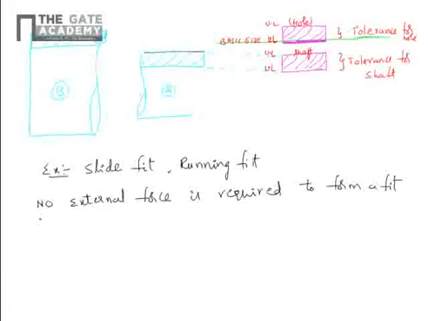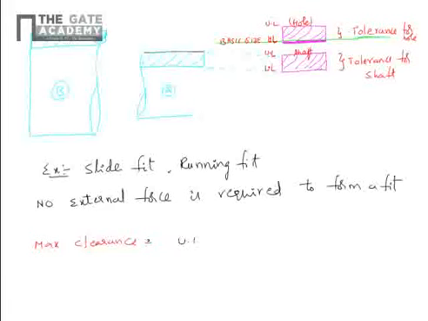Here in clearance fit, the allowance is called clearance. So maximum clearance equal to, you don't need to remember the formula. If you understand the concept, then you can do any problem. If you look at the diagram, the maximum difference is the maximum clearance.